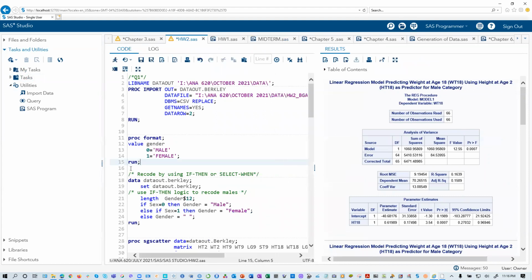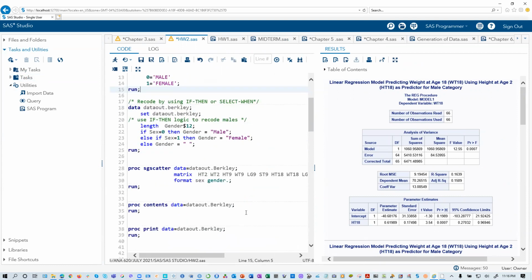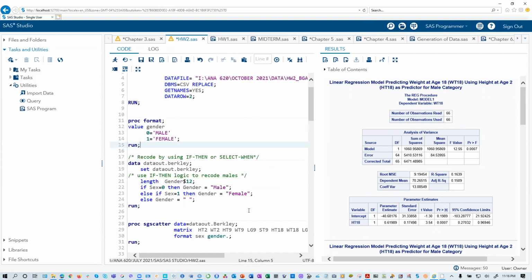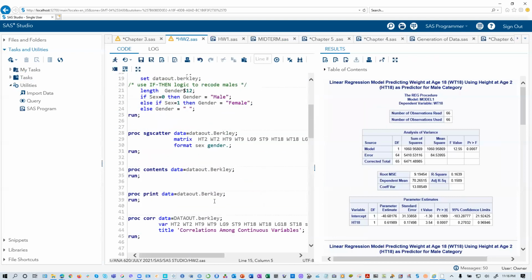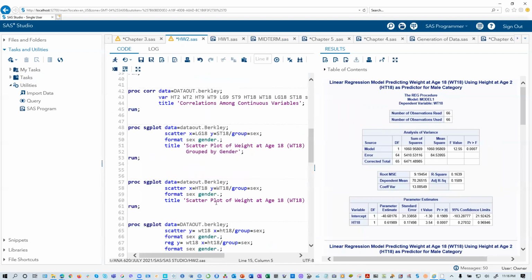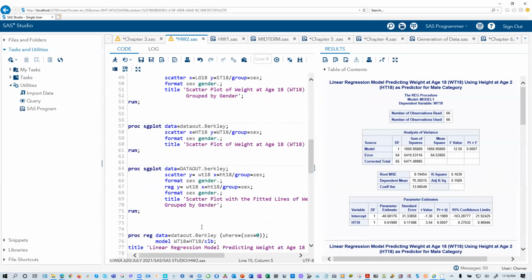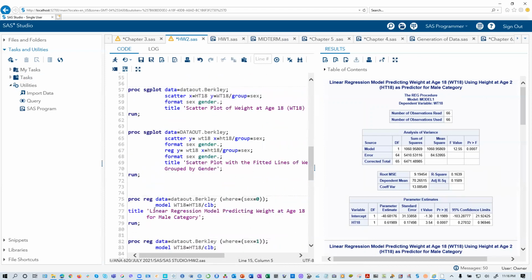And then also, for the proc reg, is there any difference between using the where statement that you're using and using the by clause? Go down some more, where were we doing the proc reg? Yeah, this one.